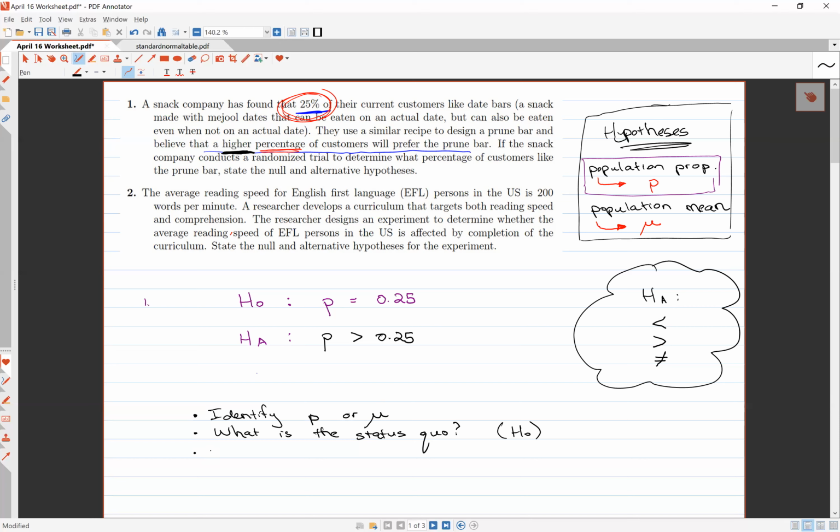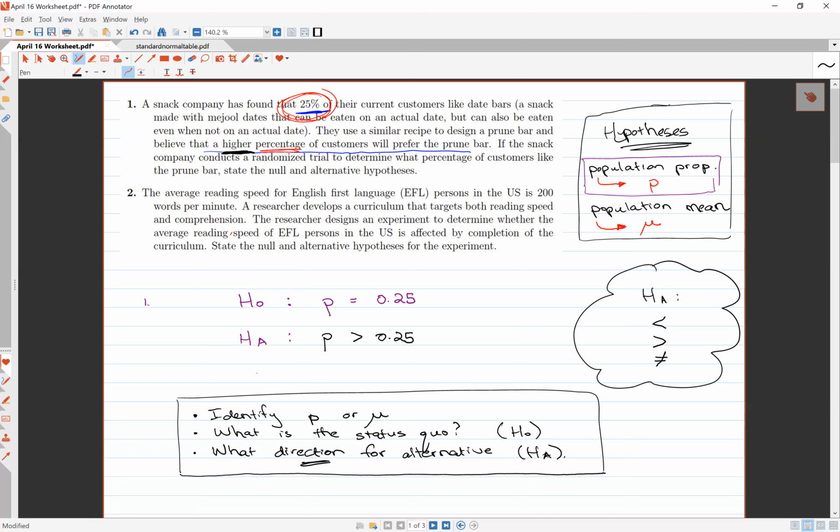And then you have to look, is there a direction for the alternative? These are the three things to ask yourself to help you formulate the null and the alternative hypotheses.